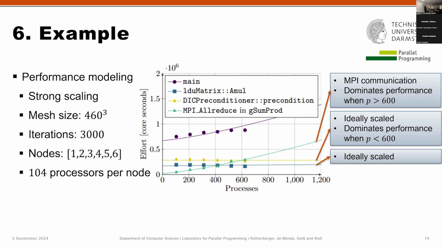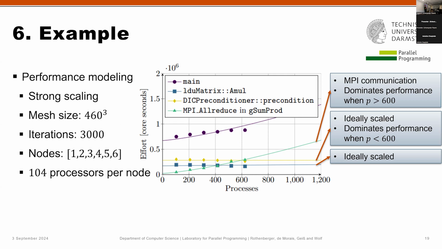And once you take a look at the MPI communication, you can see that it started increasing in a way that it dominates performance when the number of processes increases up to 600. When the number of processes is below 600, you can see that you have 2 functions that are ideally scaled. The first is the preconditioner and the multiplication. And they have the behavior that we are expecting for computation, but the communication has a behavior that is not expected.